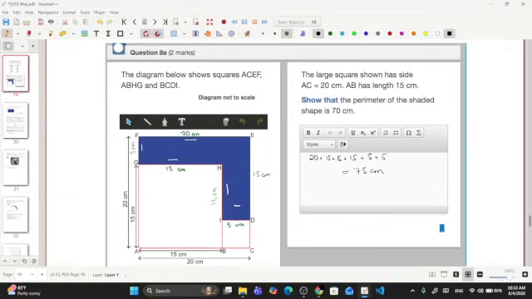Wait, we should show that it's 70 centimeters. Where did I go wrong? Which part did I add by mistake? 15 plus 15 plus 15. Oh, sorry. This length is supposed to be 10 centimeters. My bad.